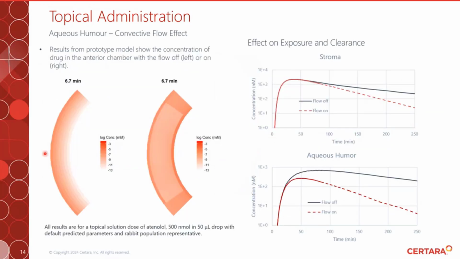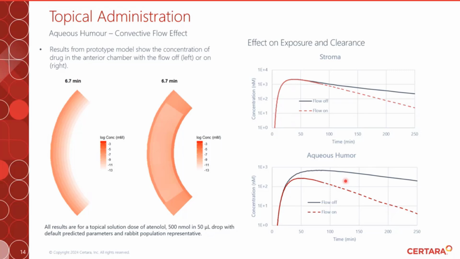You can see here, this is a simulation that I ran with the flow off. You still have all the two-dimensional finite elements working here, but you have this radial symmetry, which you'd expect because everything's just coming in from the one side. Once you turn the flow on, all the drug is now on the outside, and that has huge effects on the clearance and the exposure.